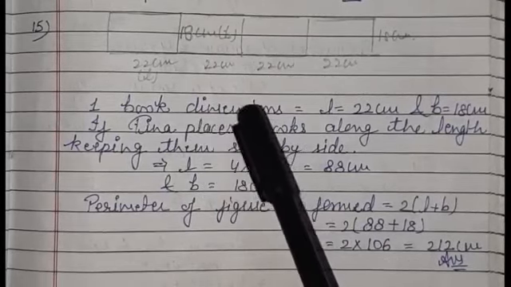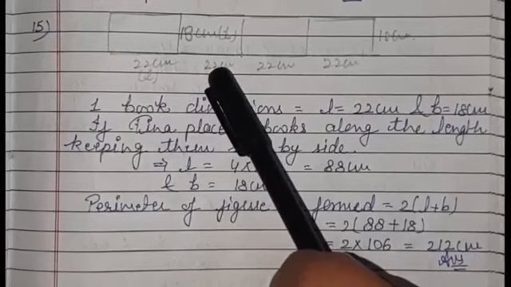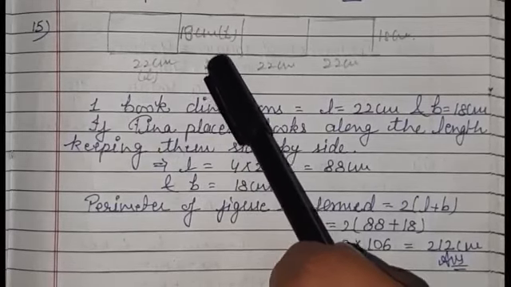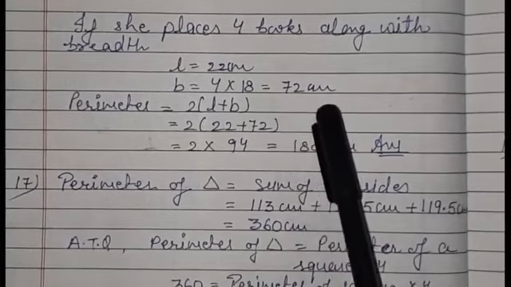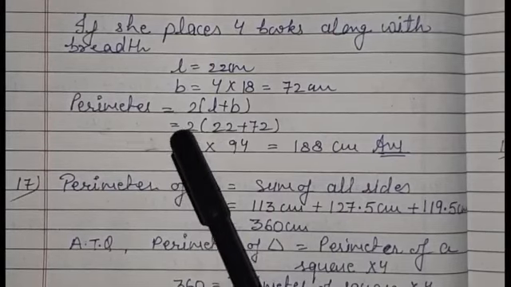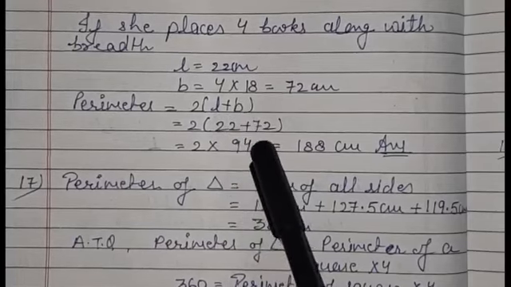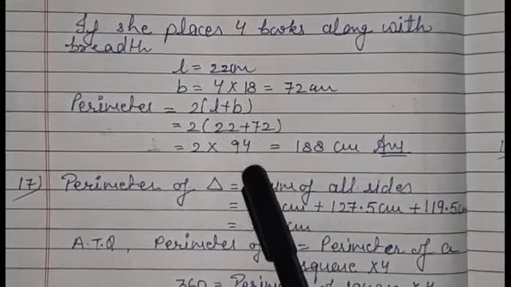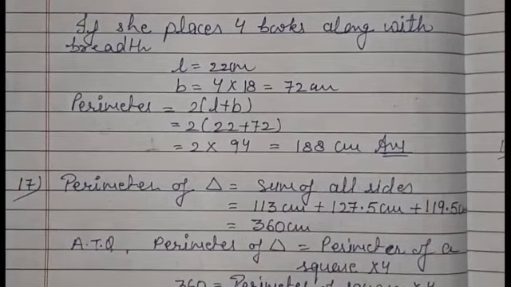Clear? So in that case length is 22 and breadth becomes 4 into 18, which is 72 centimeter. So perimeter is equal to 2 times L plus B. Put the values, length as 22, breadth as 72. When we add, 94 will come. 2 into 94 is 188 centimeter.